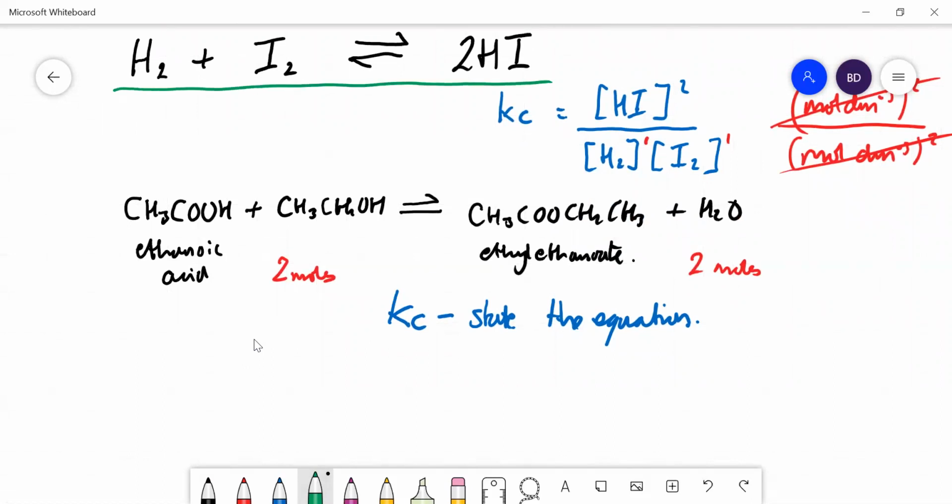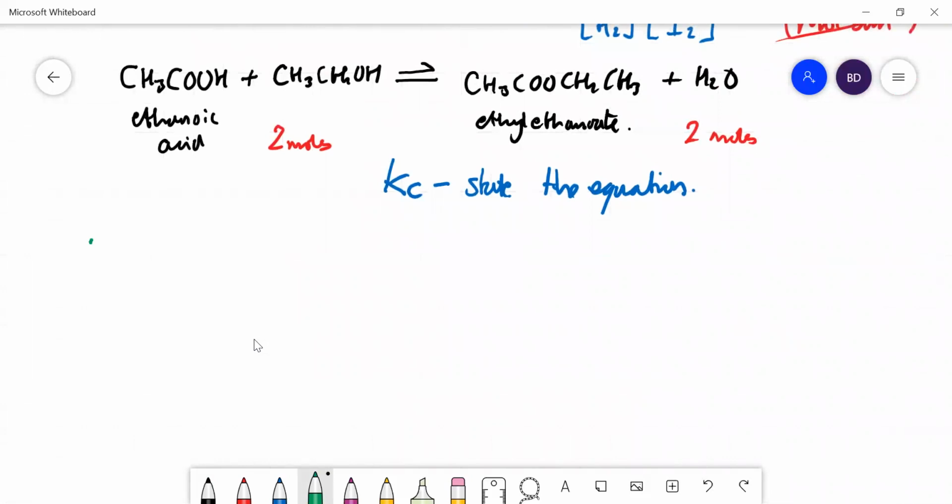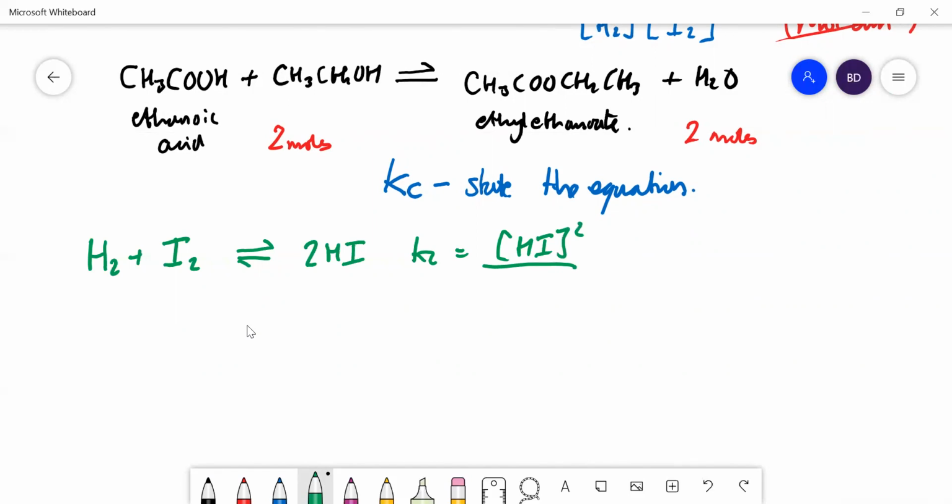Now it's an equilibrium reaction. So one person may write it down as H2 plus I2 goes to 2HI. And Kc there would be equal to HI squared over H2 times I2.